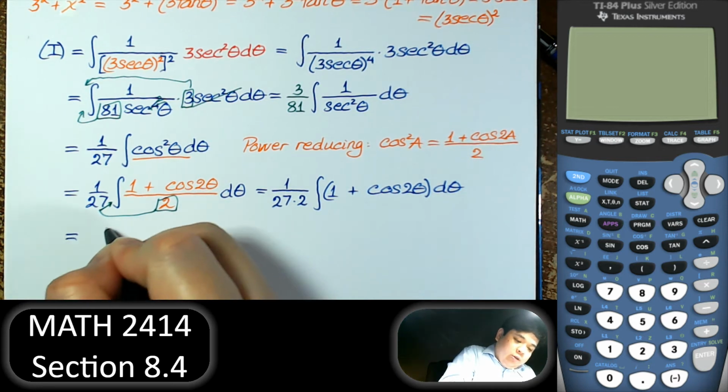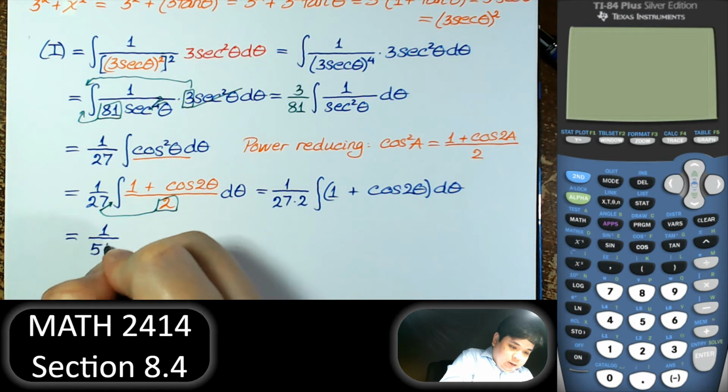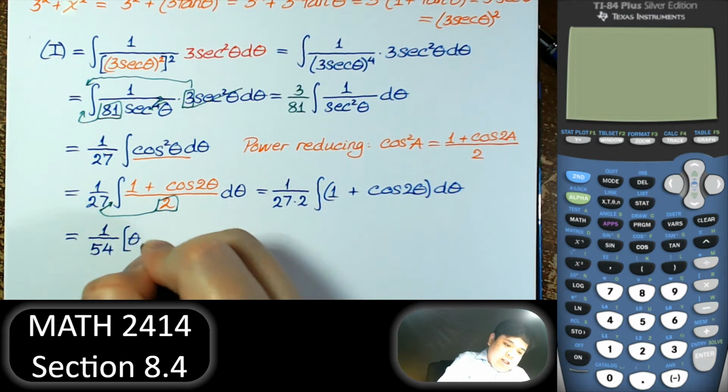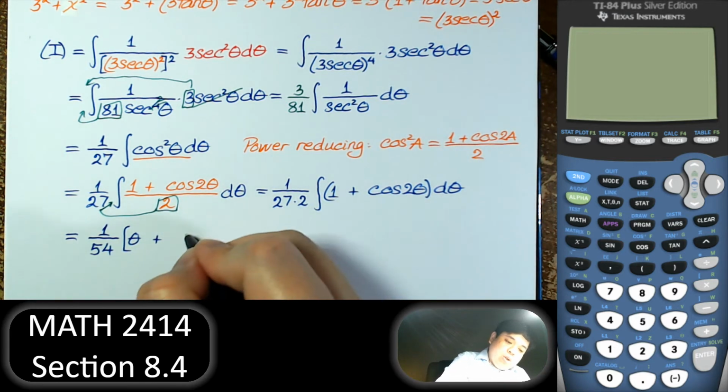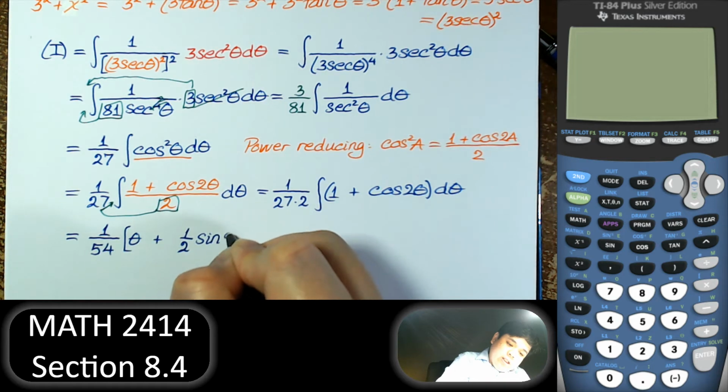And that will be 1 over 54, integral of 1 is theta, integral of cosine 2 theta is 1/2 sine of 2 theta.